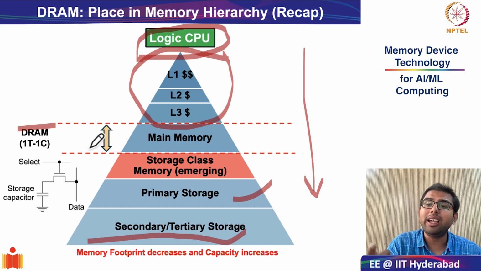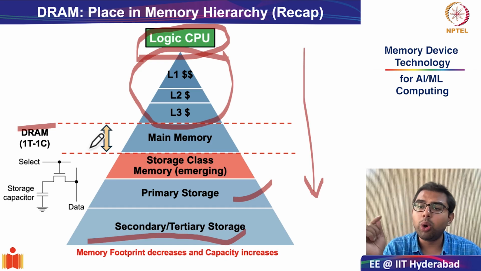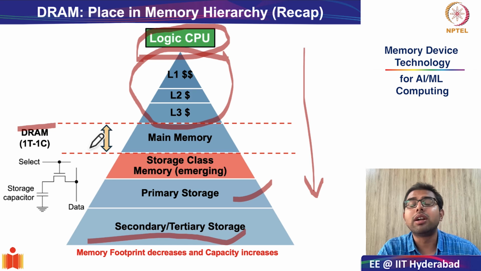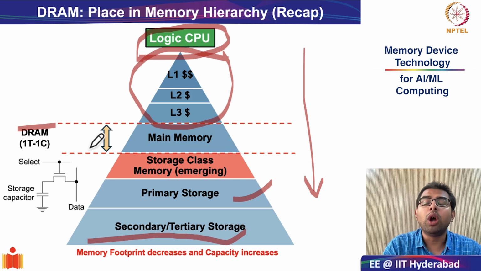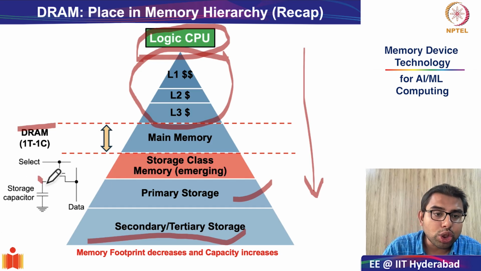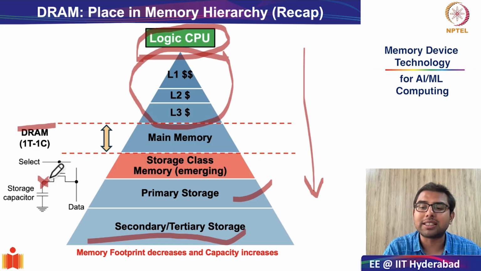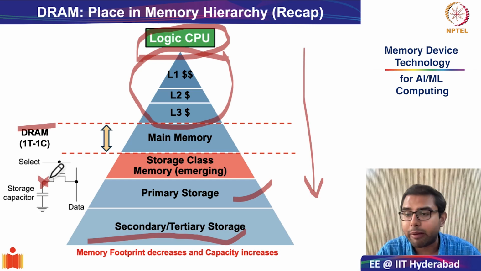But the speciality of SRAM is that once you store the data, it does not get erased until you switch off power supply. However, in dynamic random access memory or DRAM, what we will be studying, you have to keep dynamically refreshing the data again and again at periodic intervals of time, because the data which is stored at this storage node of the capacitor, we will see the working mechanism in detail, but I'm just giving you an overview of what is the meaning of this word dynamic.